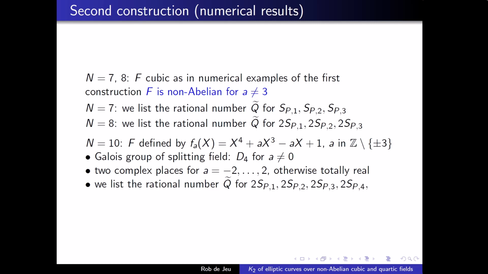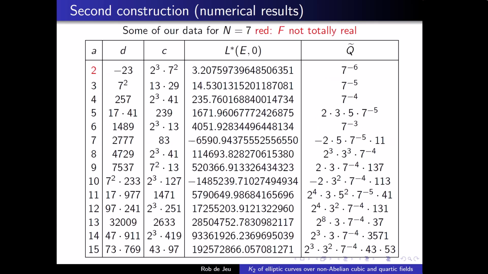And for n equals 10, we took this particular family out of the 40 options we had. So it's not an S4 thing for the Galois closure, it will be dihedral of order 8. And again, it tends to be totally real, not always. And then in this case, we use those elements for the rational number. And you get 3 slides, right? N equals 7, 8, and 10.